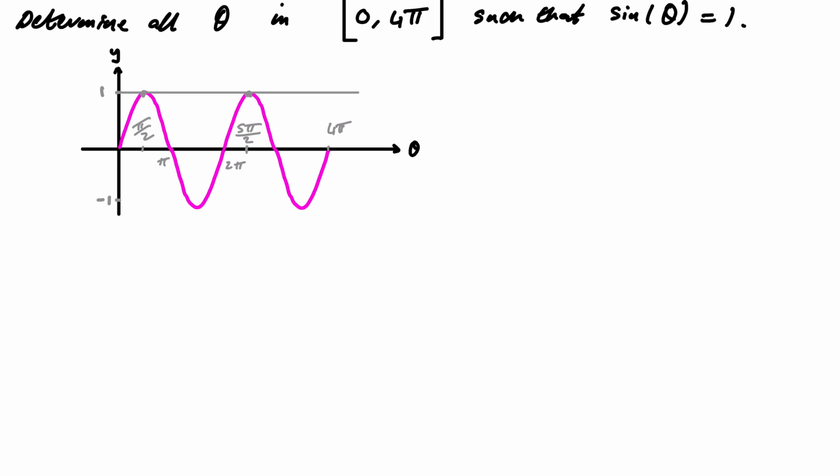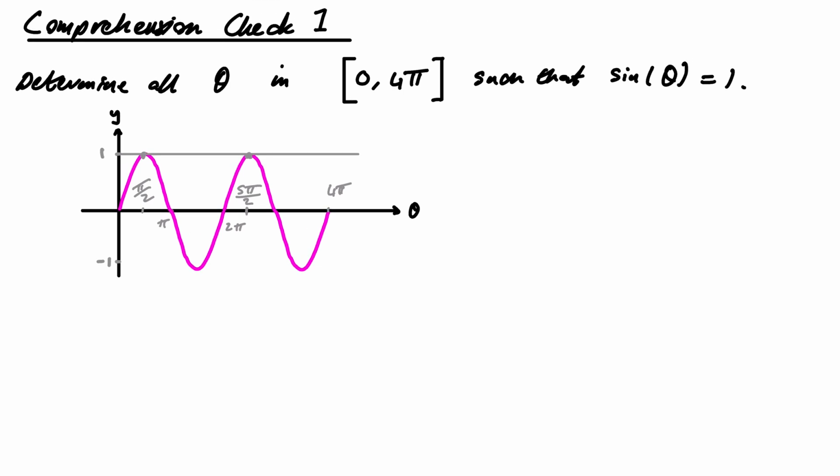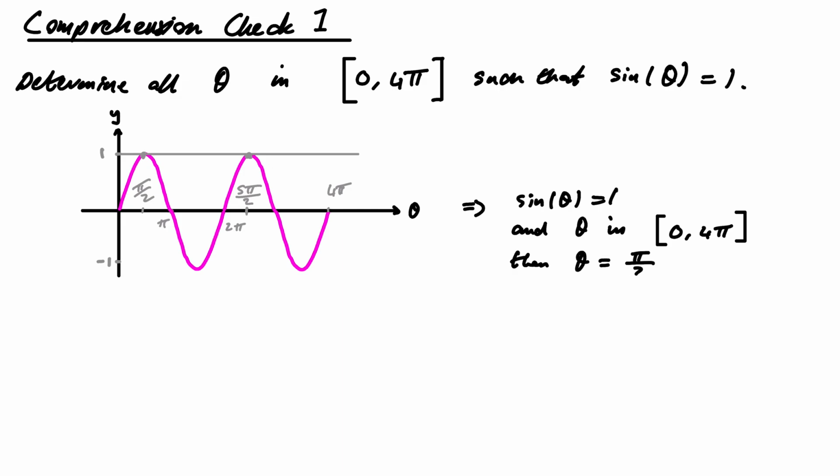So just looking at the graph, we can determine, so this isn't totally rigorous mathematics, but it's good enough for these purposes. This implies that, if sine of theta is equal to 1 and theta is in the interval 0 to 4 pi, then theta has to be equal to either pi over 2 or 5 pi over 2.